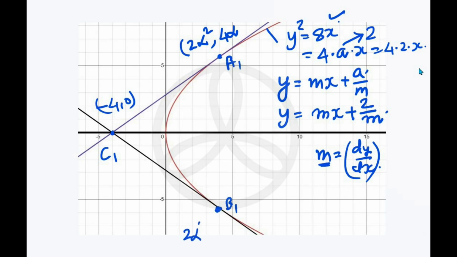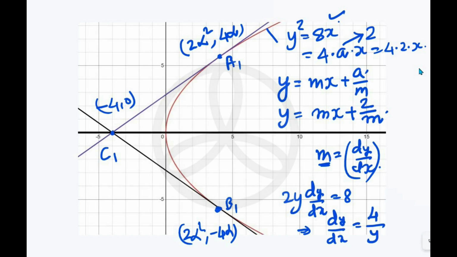So we can write 2 alpha square, minus 4 alpha. Okay. And then 2y dy is equal to 8. This will give us 4 by y. Y will be 2 square root of 2 square root of x.